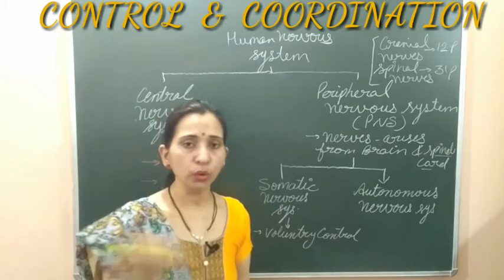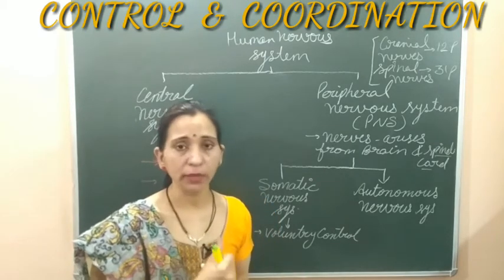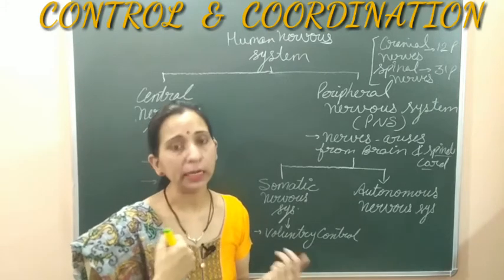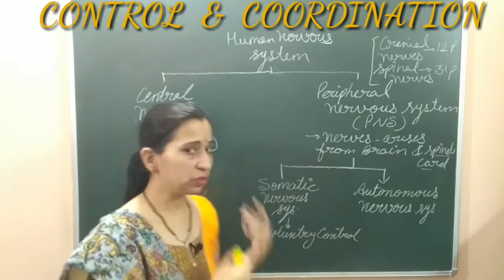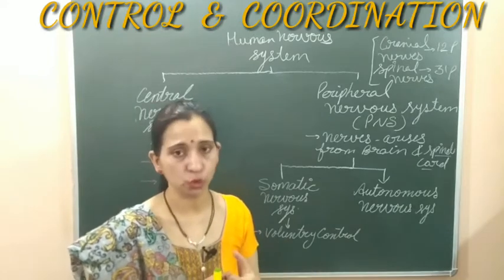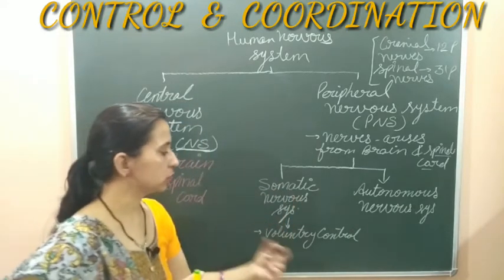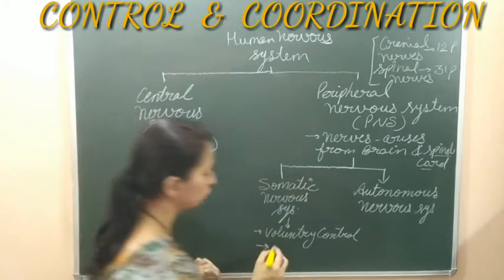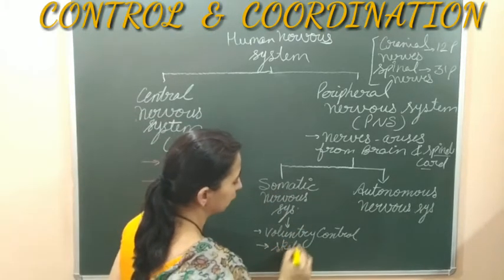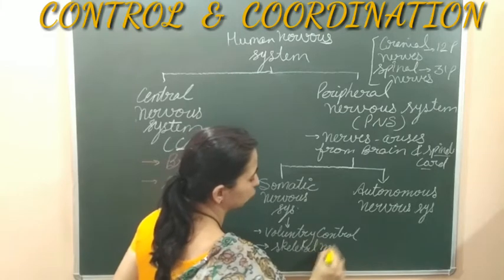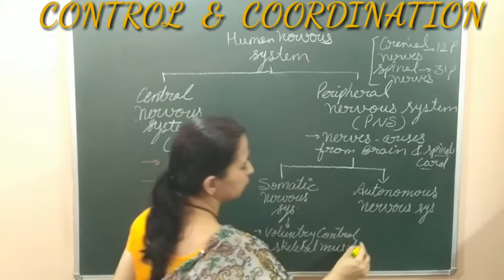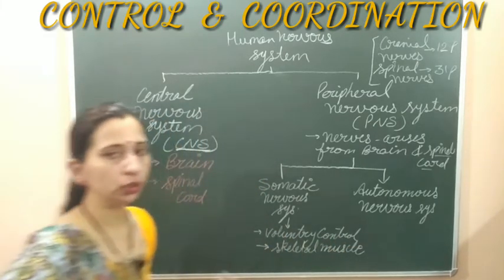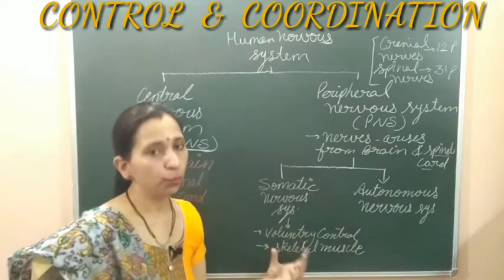Like if we want to move our hand, for this movement we have to move the skeletal muscle of our hand. So these muscles are under the voluntary control, and the nerves of the somatic nervous system join to the skeletal muscles. Since they are joined with skeletal muscles, there is voluntary control. We can move them whenever and however we want.